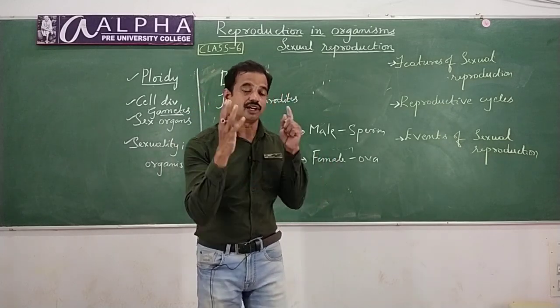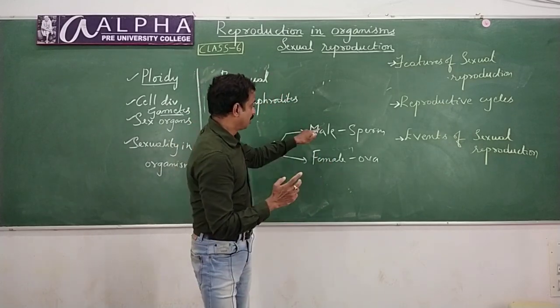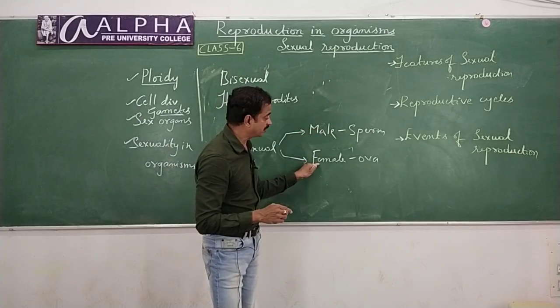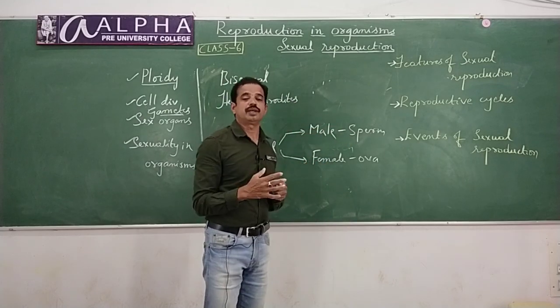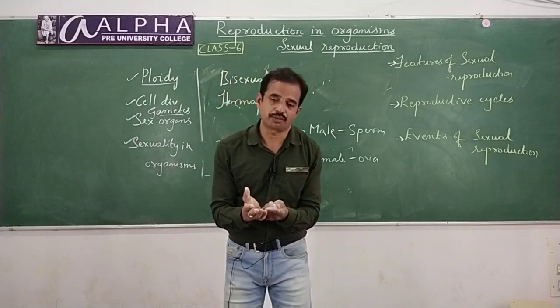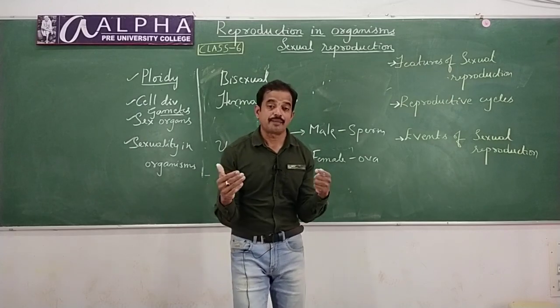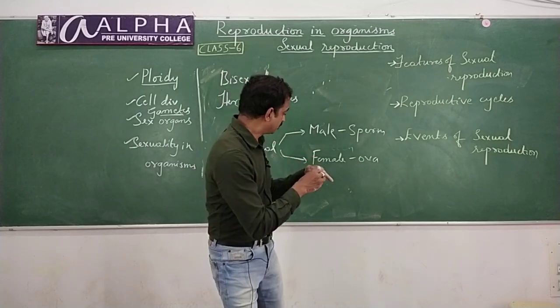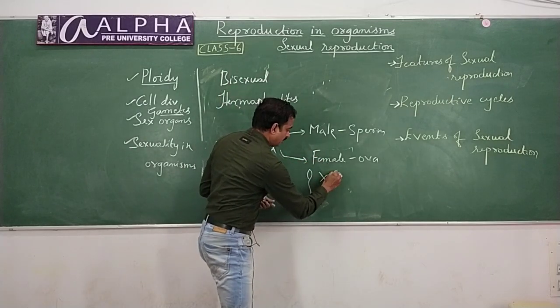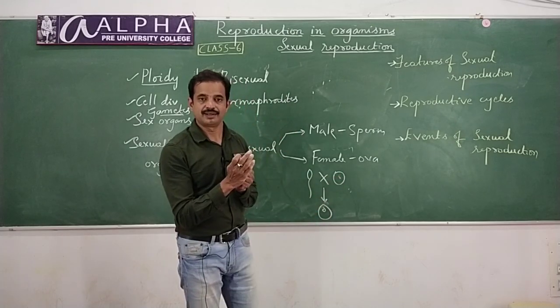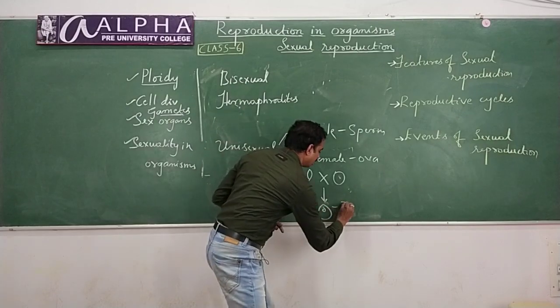At the time of sexual reproduction, the sperm producing male comes together with the ova producing female to take part in reproduction, and they produce sex cells, gametes, and these gametes will fuse with each other, like the sperm and ova fuse to produce the first cell of the next generation. We call that a zygote.